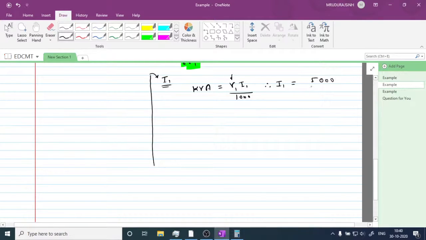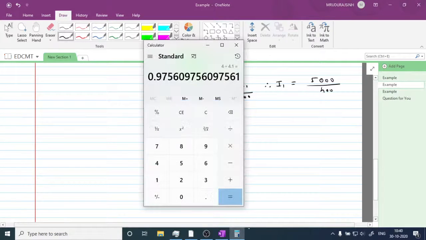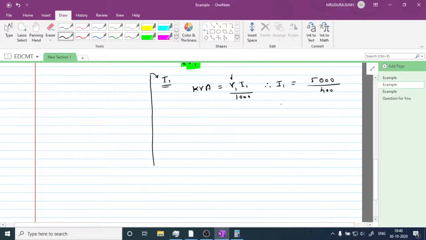So we'll mention it as 5000 VA divided by 400 volt. So 5000 divided by 400 volts gives us 12.5 amps. So the I1 is equal to 12.5 ampere. So this is our I1 current.